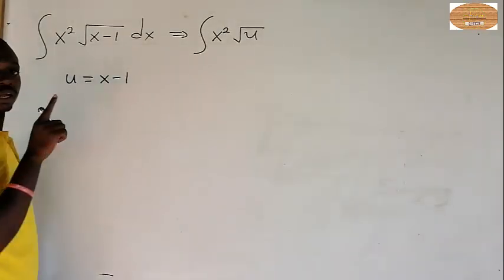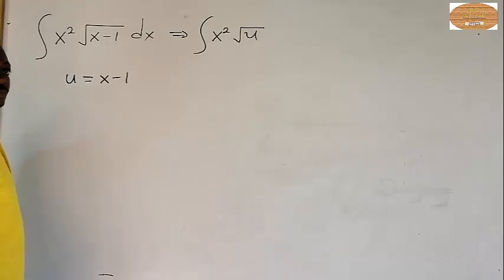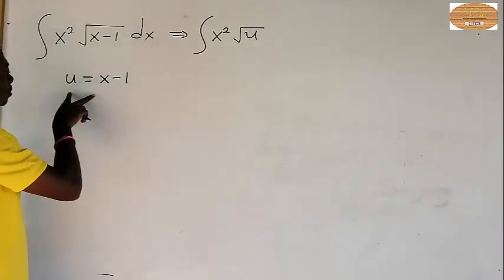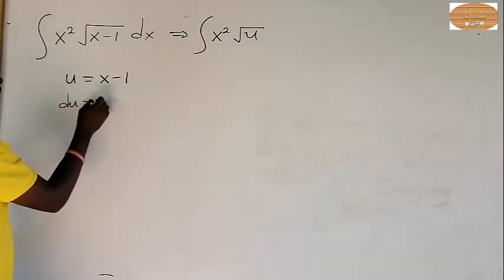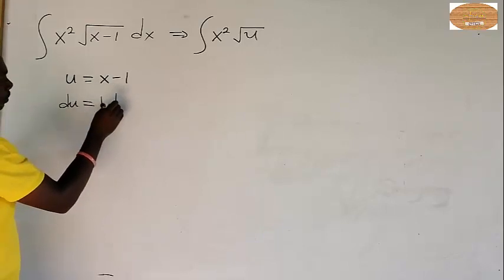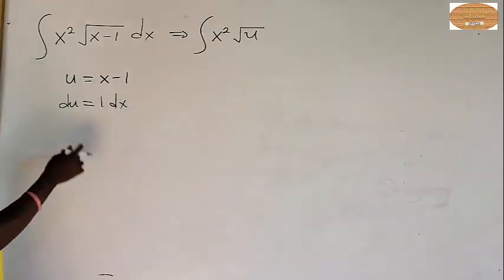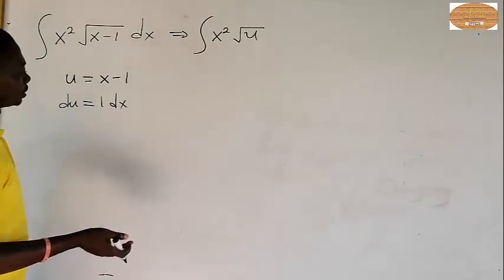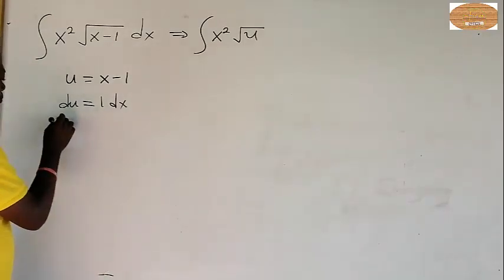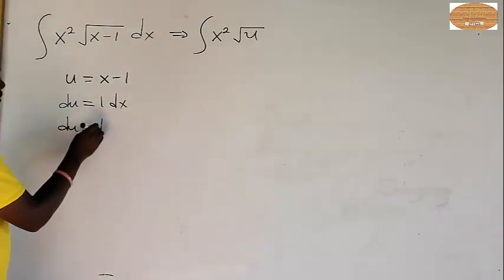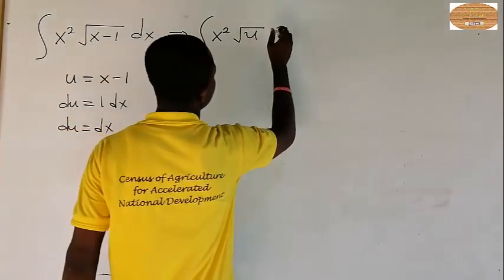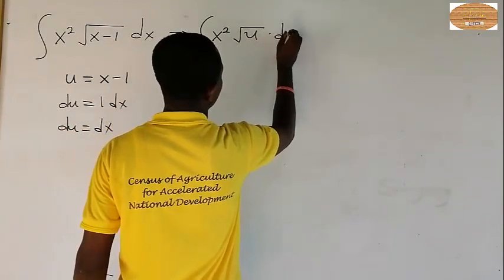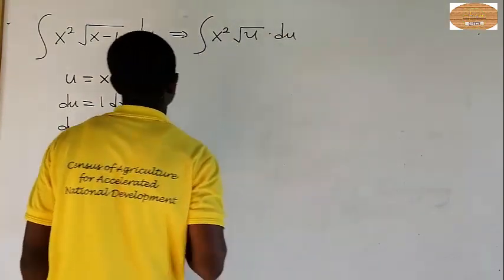So where we see x minus 1, we put u there. Let me find my dx from here. Since u equals x minus 1, du equals 1 dx, so du equals dx. So my dx now is du.